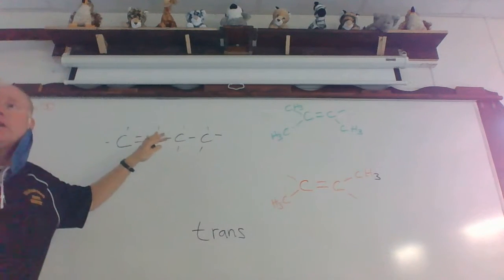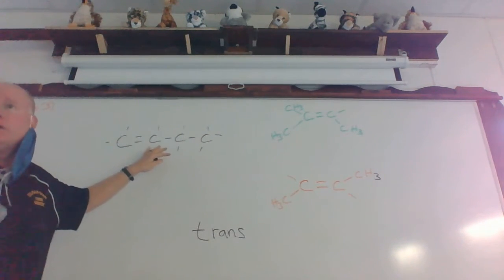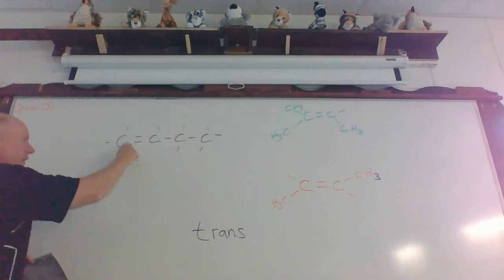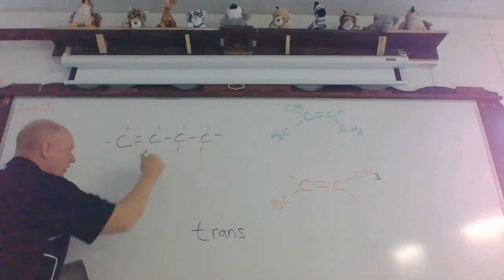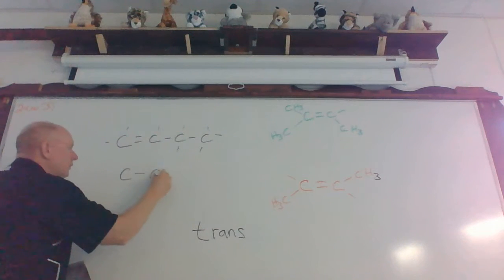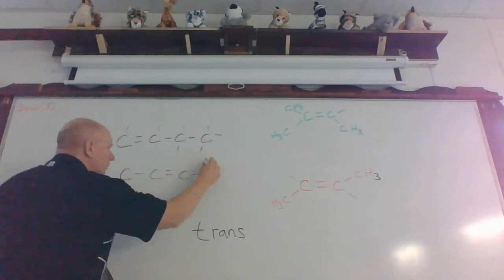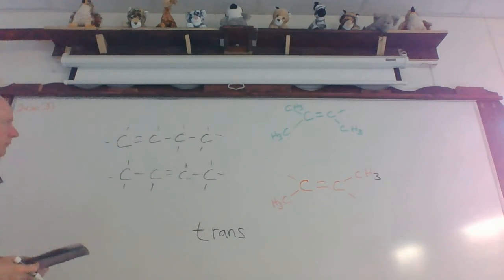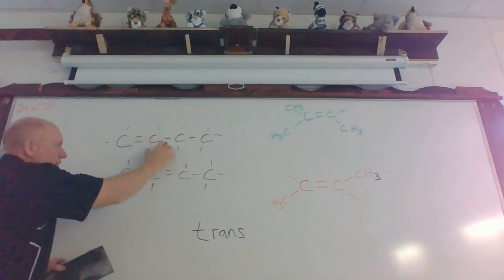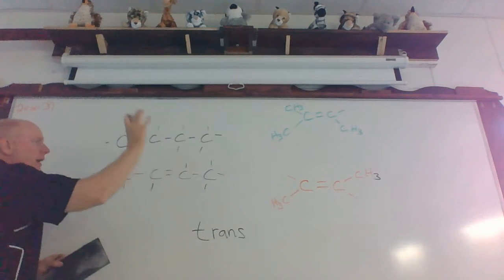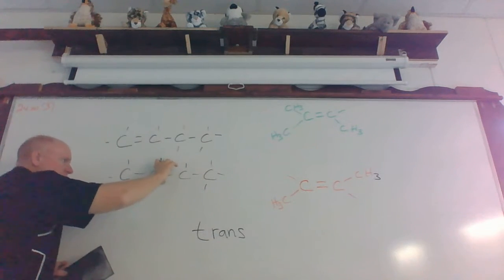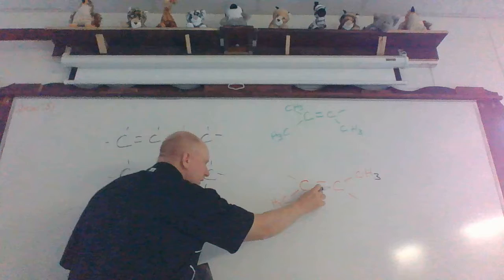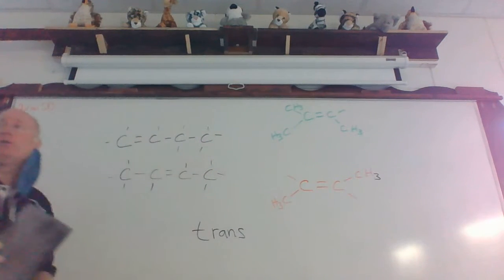If we wanted to make an isomer of this, one of the things we said is do what with this double bond? Just move it over 1. So the difference between these two is where the double bond is located. Now the difference between this one and this one is just the geometrical shape.